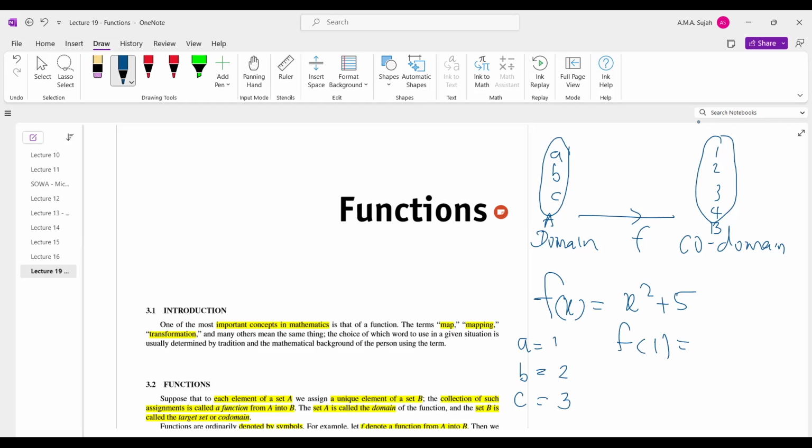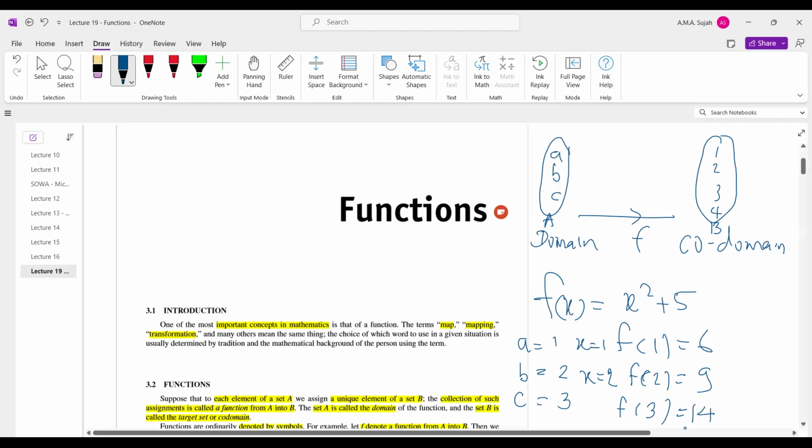If I replace x by 1, f of 1 is equal to 1 plus 5, 6. Similarly, for x equal to 2, f of 2 is equal to 2 to the power 2, 4, plus 5, 9. Similarly, f of 3 is equal to 9 plus 5, 14.